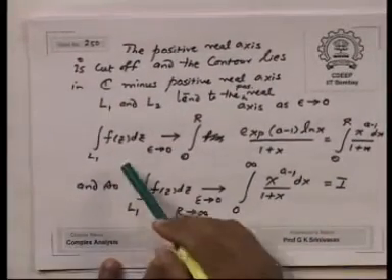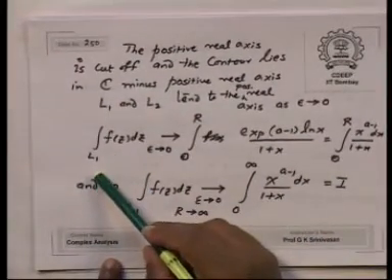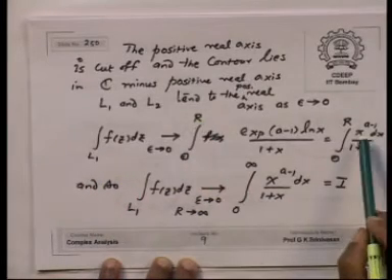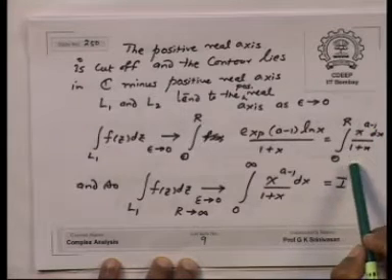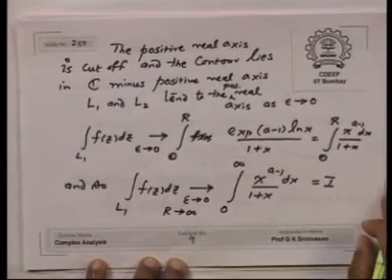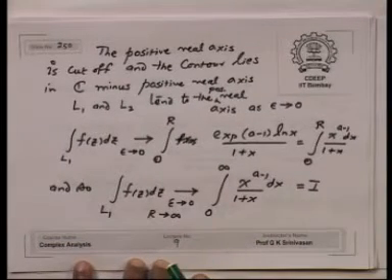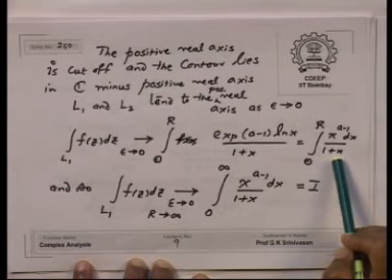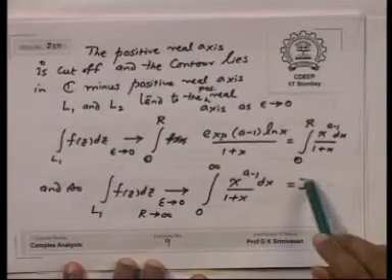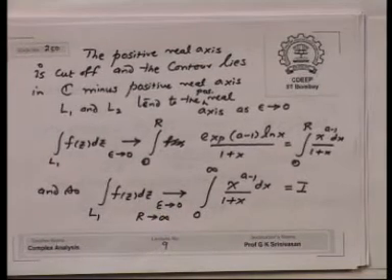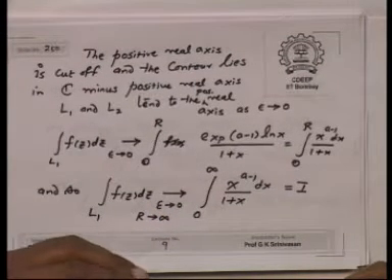So, when you integrate f along L1, in the limit, what are you going to get as epsilon goes to 0? You are going to get the integral from 0 to r of x to the power a minus 1 dx upon 1 plus x. Is that correct? L1 approaches from the top, right.